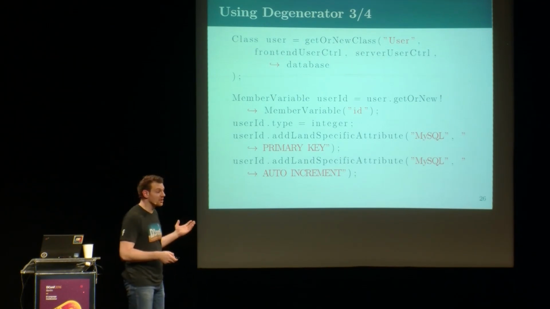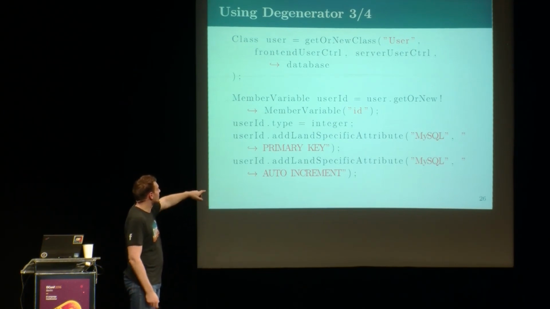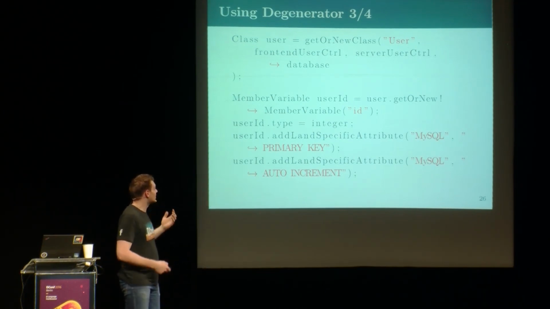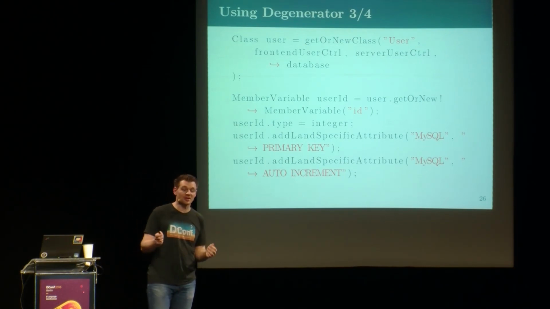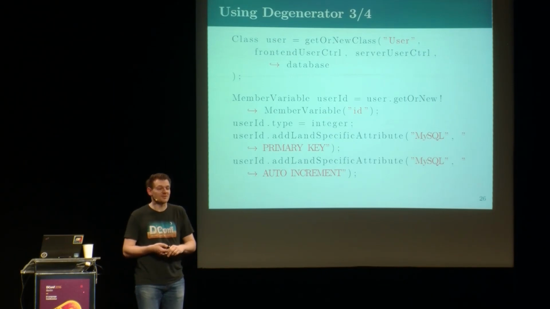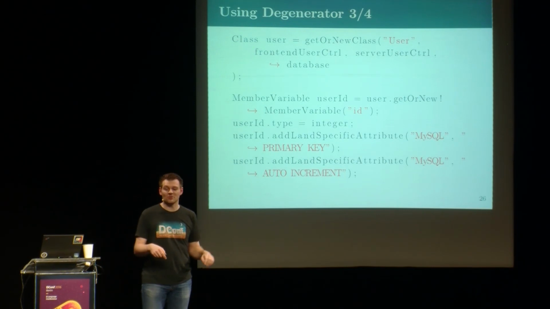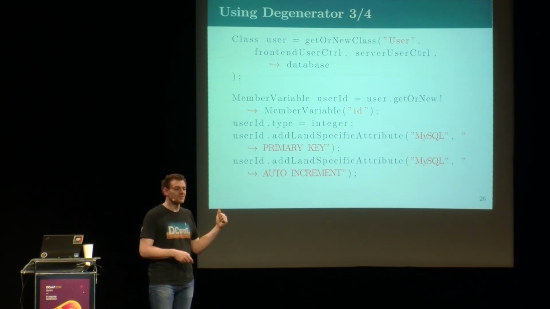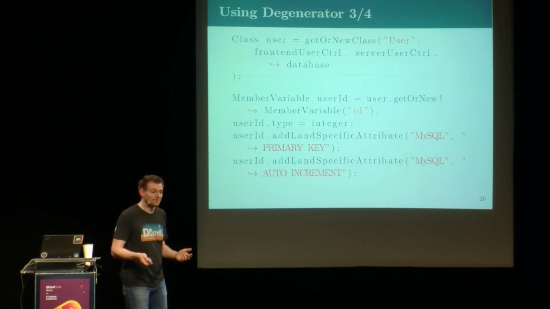So I'm just using an associative array here where you can define the technology, as in this case MySQL, and then add, as the name actually says, language-specific attributes to it. So whenever you think, oh, I invented this awesome database technology that has some sort of primary key, which is not called primary key, just add a different language-specific attribute to it and be happy.